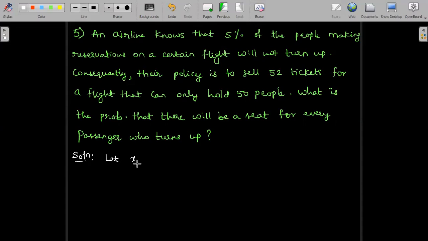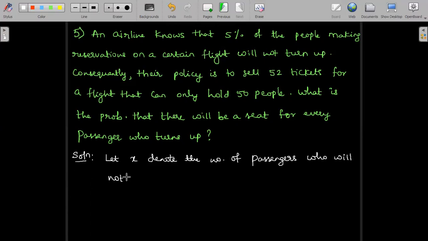Let X denote the number of passengers who will not turn up.